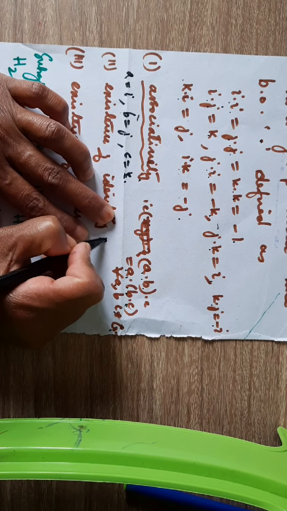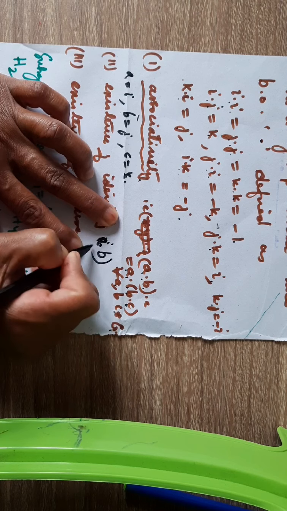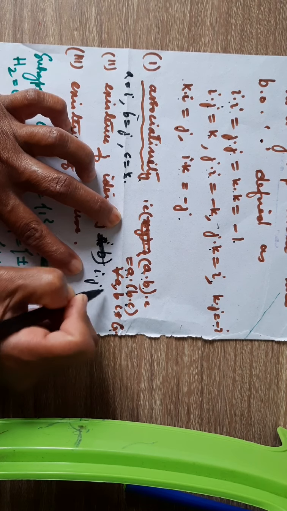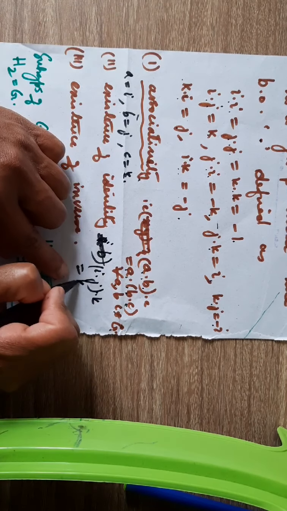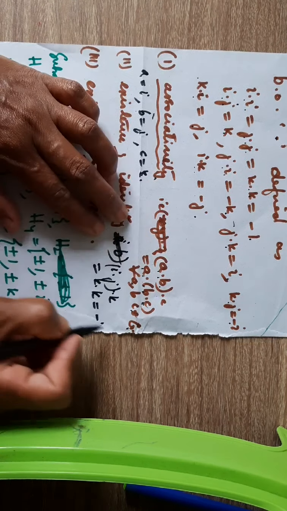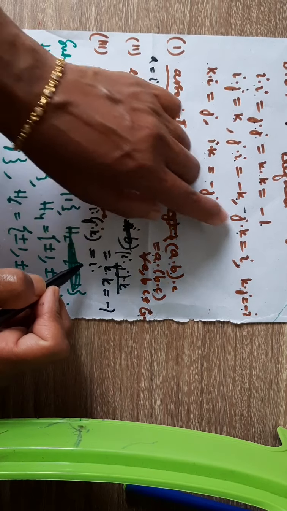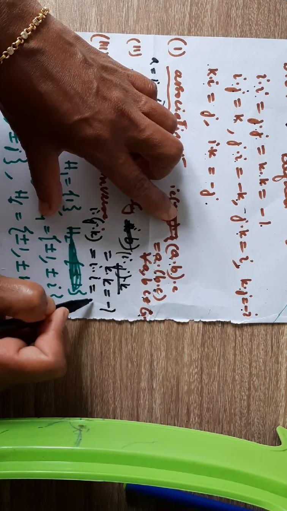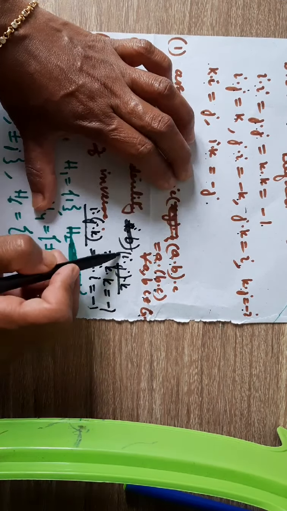Then what is (i dot j) dot k? i dot j by definition is k, and k dot k is equal to minus 1. Now let us see what is i dot (j dot k) by considering the last two. So this is i dot, what is j dot k? It is i. i dot i is minus 1. So you can see that this one is the same as the other, which is equal to minus 1.